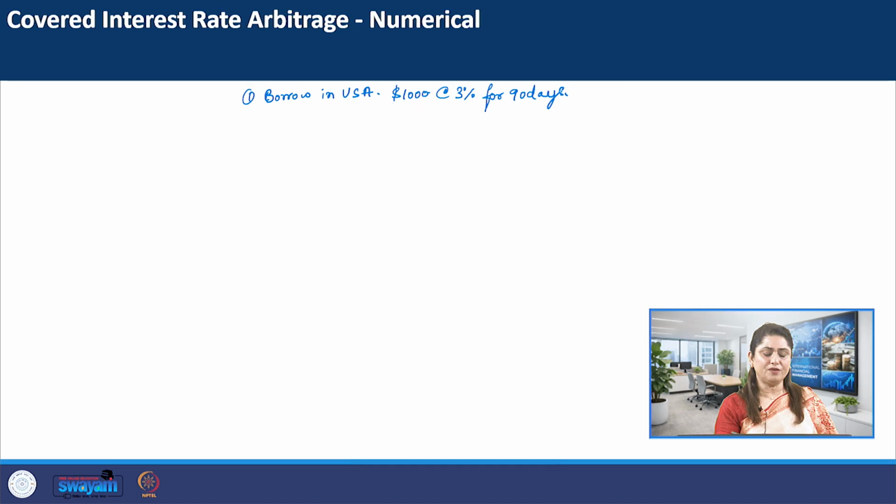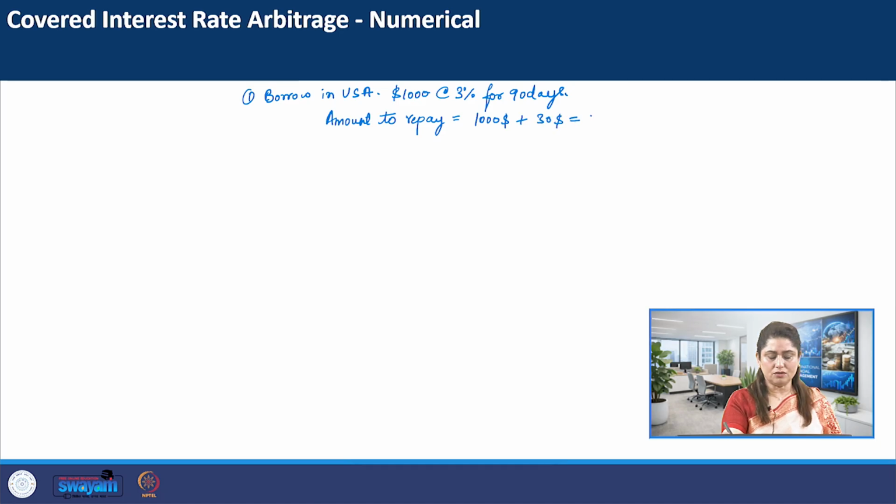Now how much amount do we have to pay? The amount to repay this dollar loan will be equal to 1000, which is the principal, plus $30, which is our interest. So this is going to be 1030.